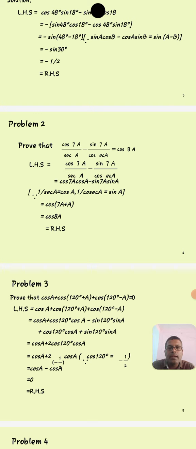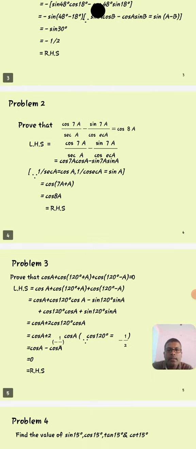Then we write cos a minus sin 7a, and again in the same way 1 by cosecant a is equal to sin a. Why? The opposite function of sin a is cosecant a. So the opposite function of cosecant a is sin a. That means 1 by cosecant a is equal to sin a.